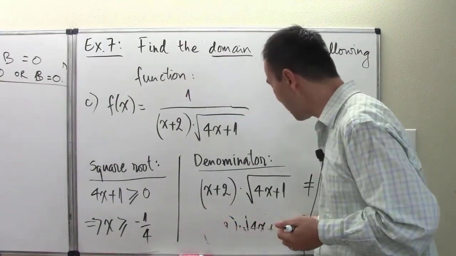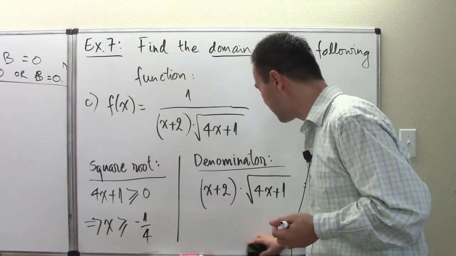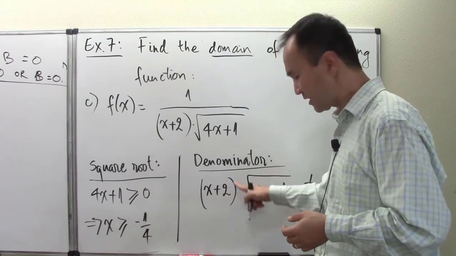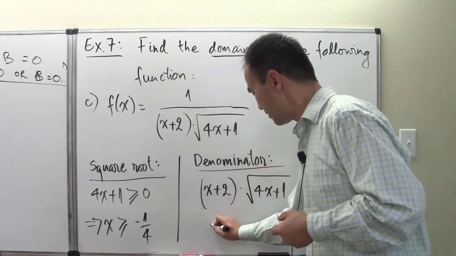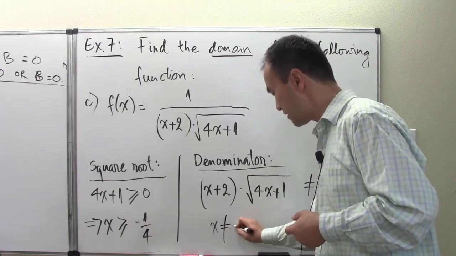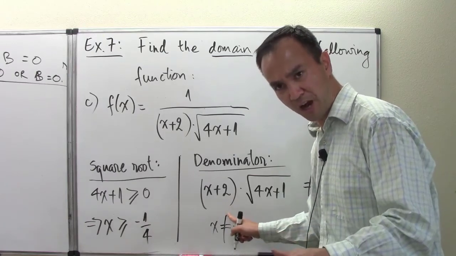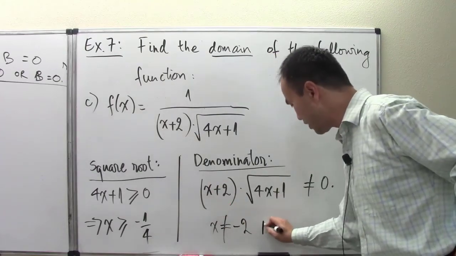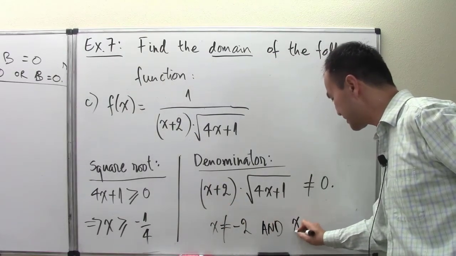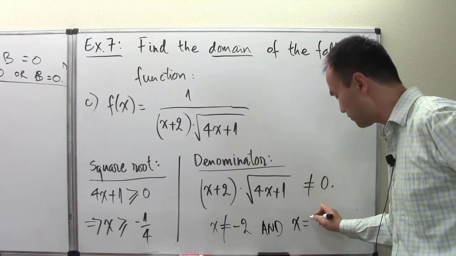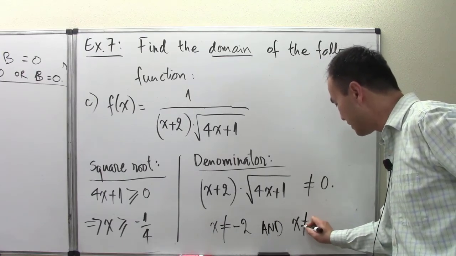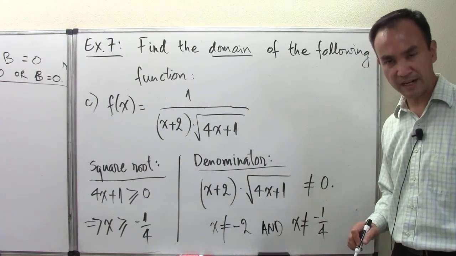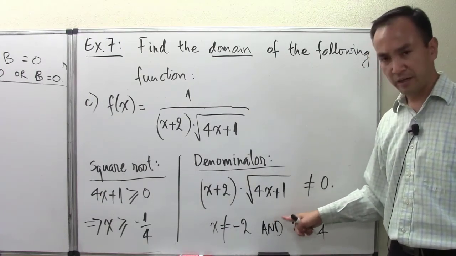We need to ensure the denominator is non-zero, so we have to exclude x equals -2, because we spotted that it is a bad guy, and we also spotted that x equals -1/4 is a bad guy, so we need to exclude -1/4. So we have two values to exclude, because they cause the denominator to equal 0.